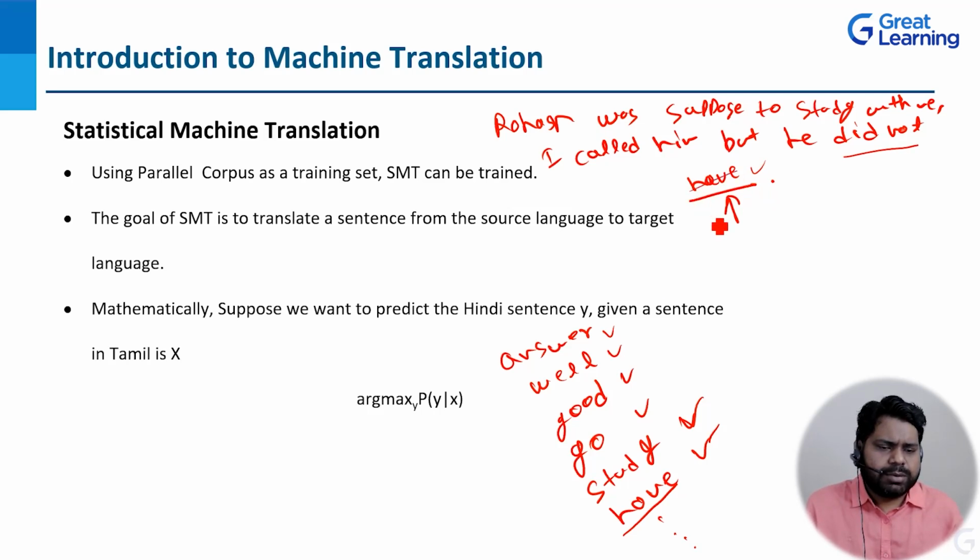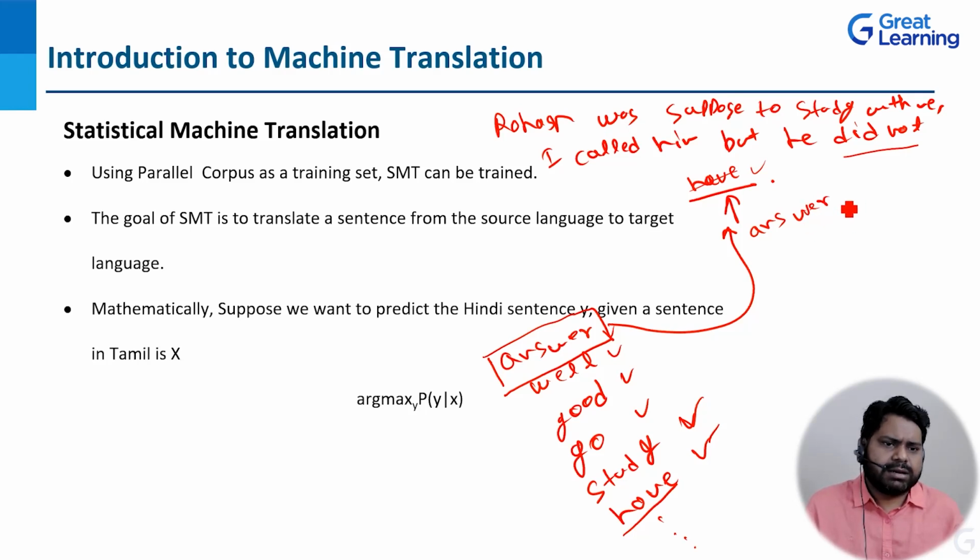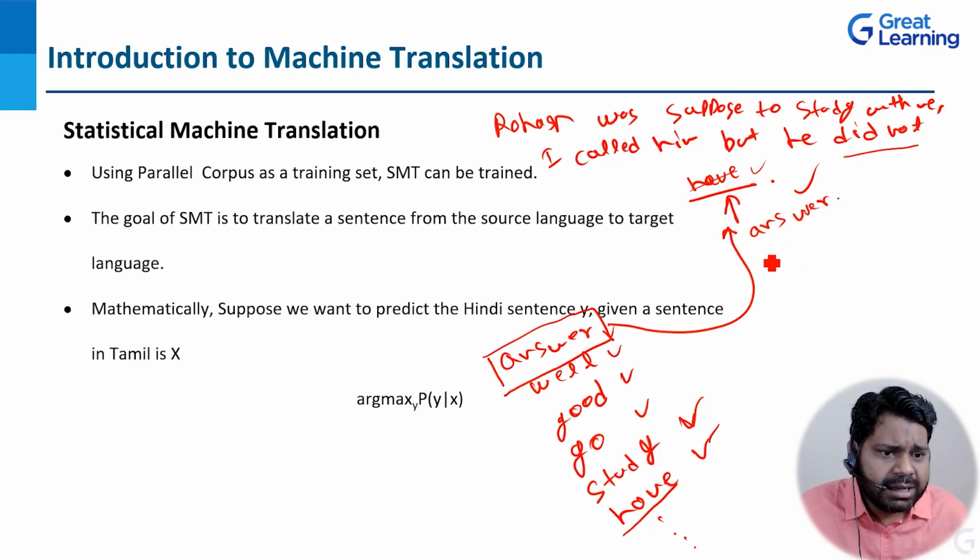So what can be the answer? Let's suppose that the highest probability was "answer". In that case, "answer" is the correct word which we get. So there is a probability, we cannot say that it is fixed that we will get the correct next word which will fill this blank.